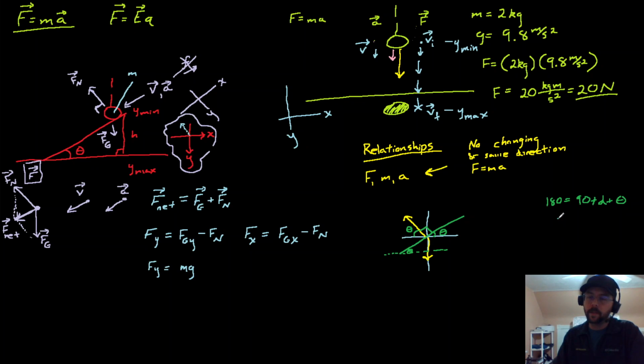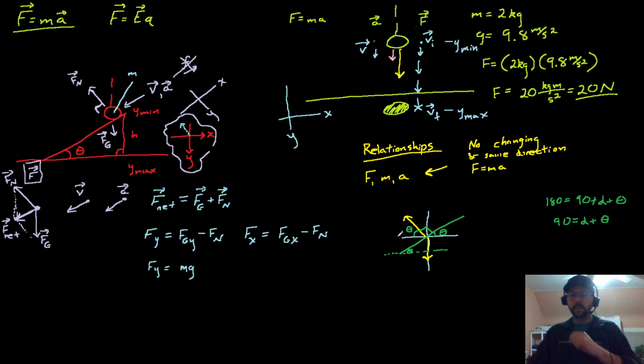So 90 equals d plus theta. Let's see, are these really the same? Yes, this is theta. So actually, no. Theta is 90 minus d. So this should be a d.